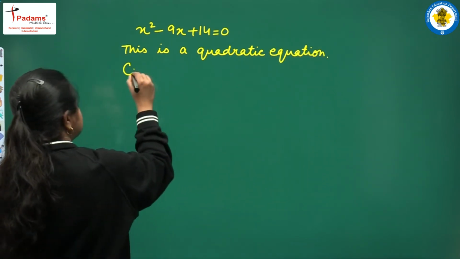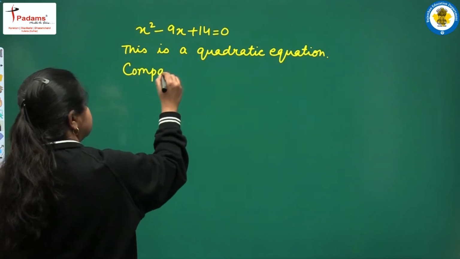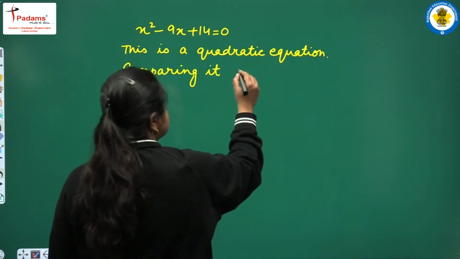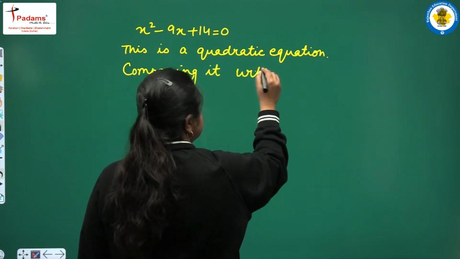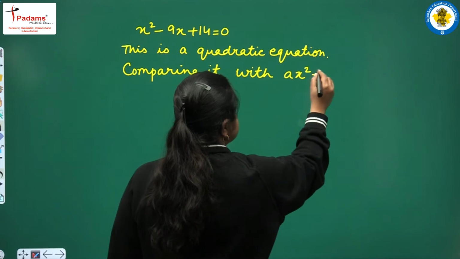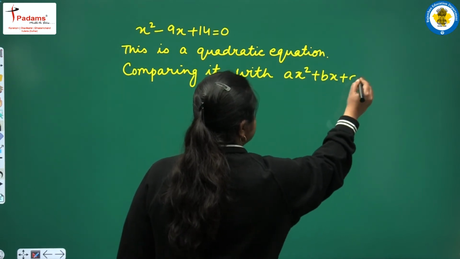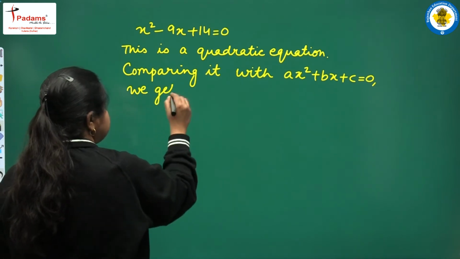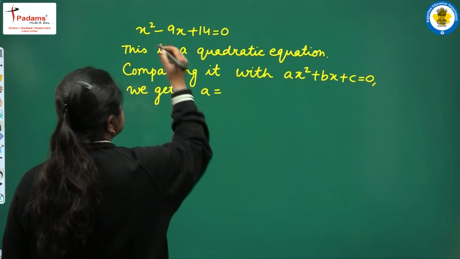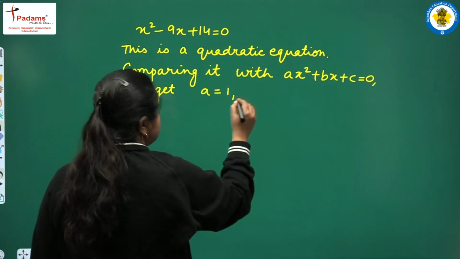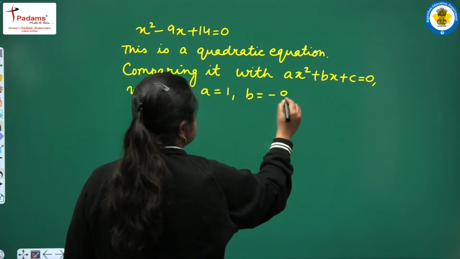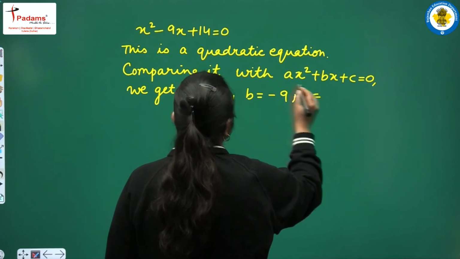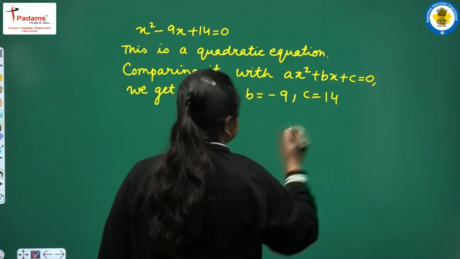Okay, now comparing it with the general form of a quadratic equation, ax square plus bx plus c equal to 0, we get the values of a, b and c as: a equal to the coefficient of x square, which is 1 here, b is equal to minus 9, the coefficient of x, and c is equal to the constant, which is 14.